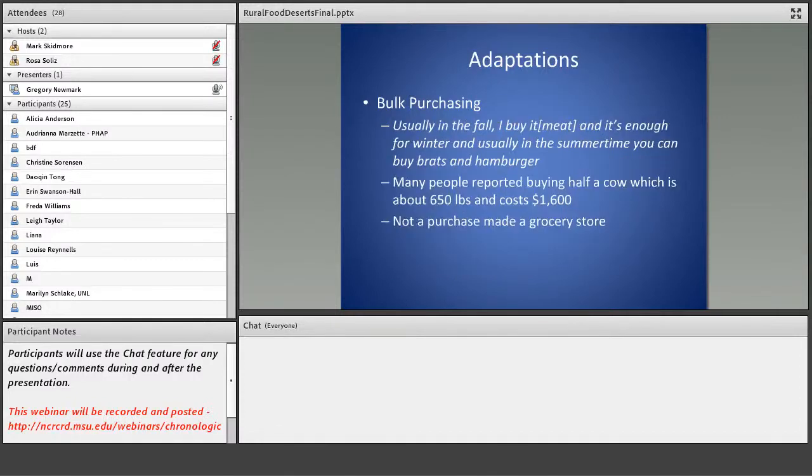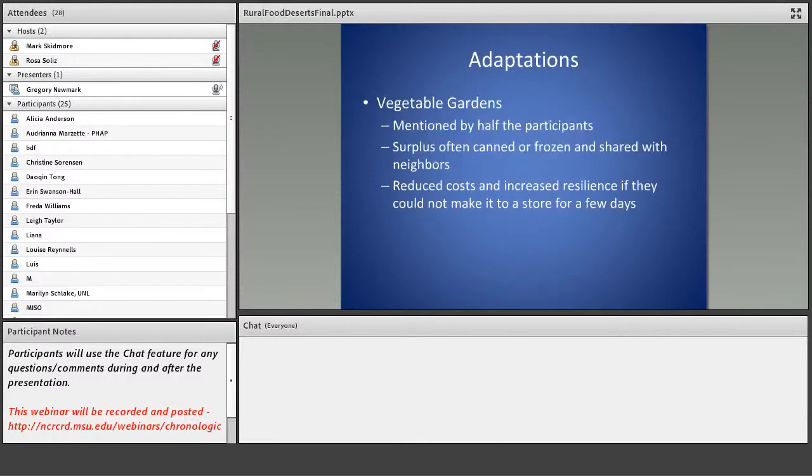Another form is that because rural communities have access to agriculture, a lot of families talked about buying a half or a quarter of a cow and using that for the entire winter. That is interesting because it's a purchase that's not made at a grocery store. It's unique to the rural environment, but it also represents a huge outlay of cash up front. So that's not something that everyone can do.